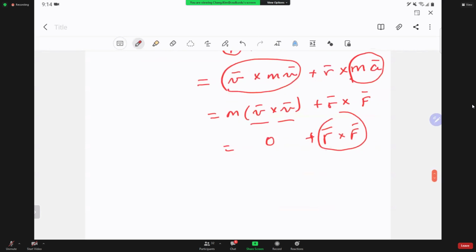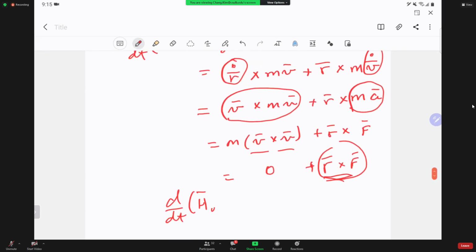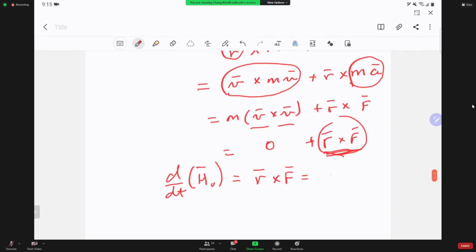Okay, this quantity from your statics class, r cross F, is known as what? What is this equal to? Does anyone know? That's your moment. The moment is defined as the position, the moment arm, times the force.